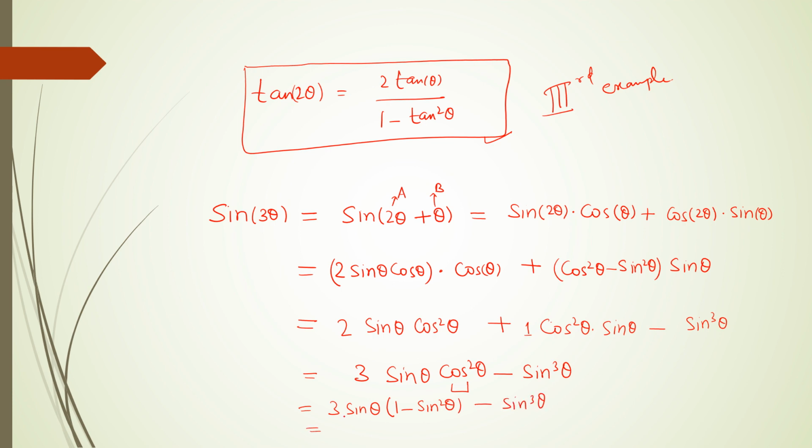This equals 3 sin theta minus 3 sin cube theta minus sin cube theta, which is 3 times sin theta minus 4 sin cube theta.